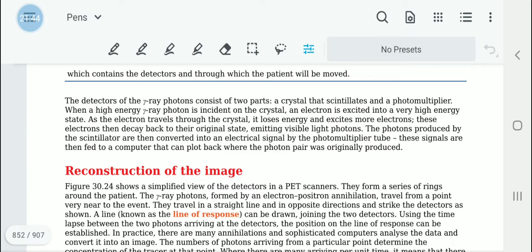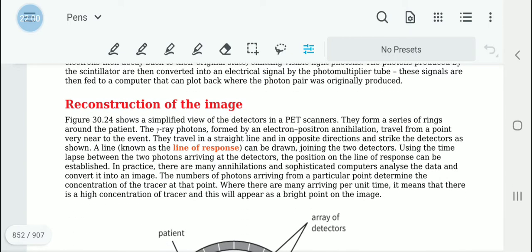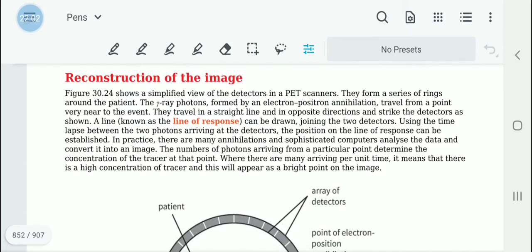These signals will be used by a computer that would deduce where the original photon pair was produced.